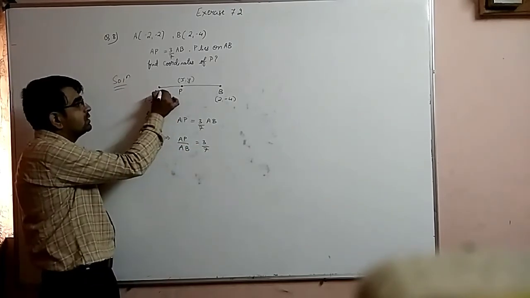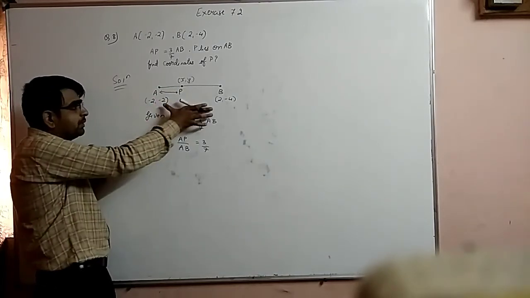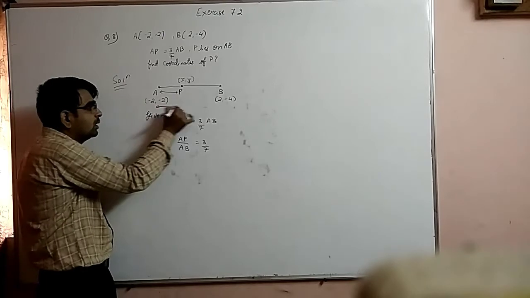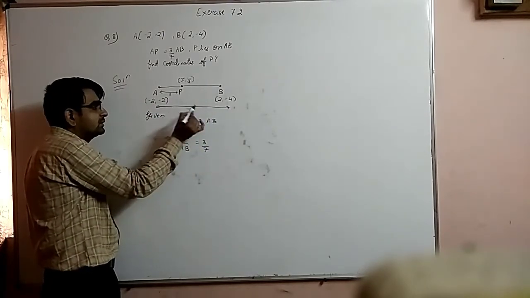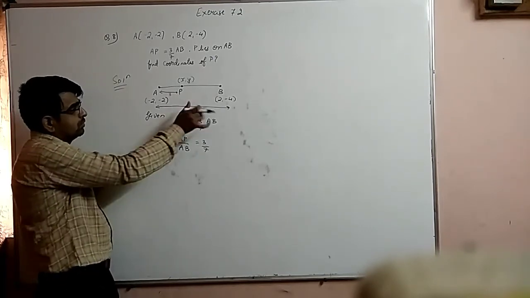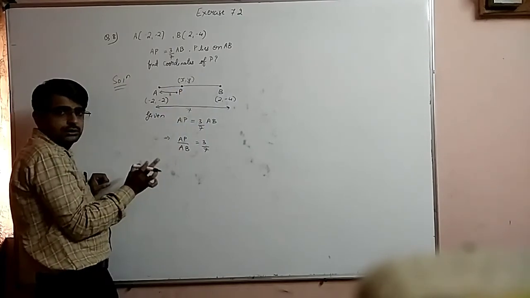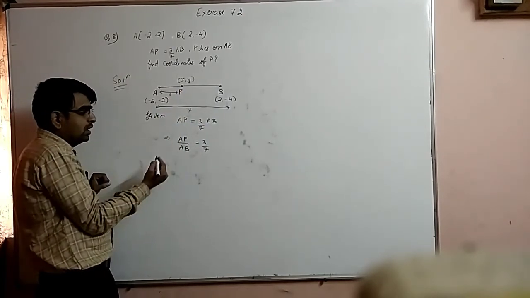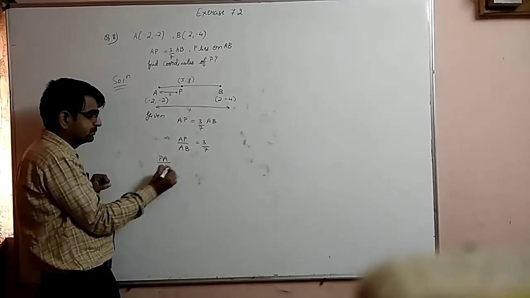Now see, this AP upon AB, that means as a whole, this is 3 and this is 7. Now for this P, I need to find the ratio of PA by PB.